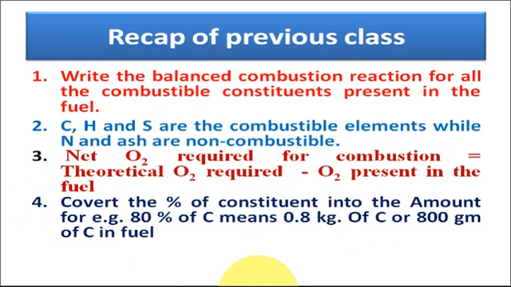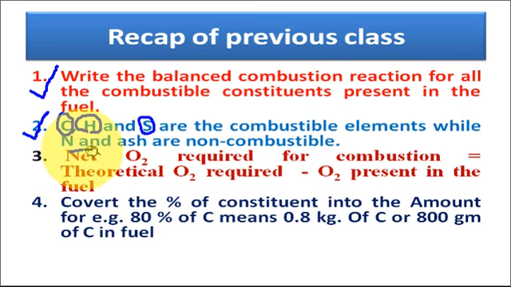Just have a quick recap of the various rules which we discussed in our previous class for solving the combustion based numericals. First of all, write the balanced combustion reaction for all the combustible constituents present in the fuel. What are the combustible constituents here? The combustible constituents in the fuel are carbon, hydrogen and sulfur.